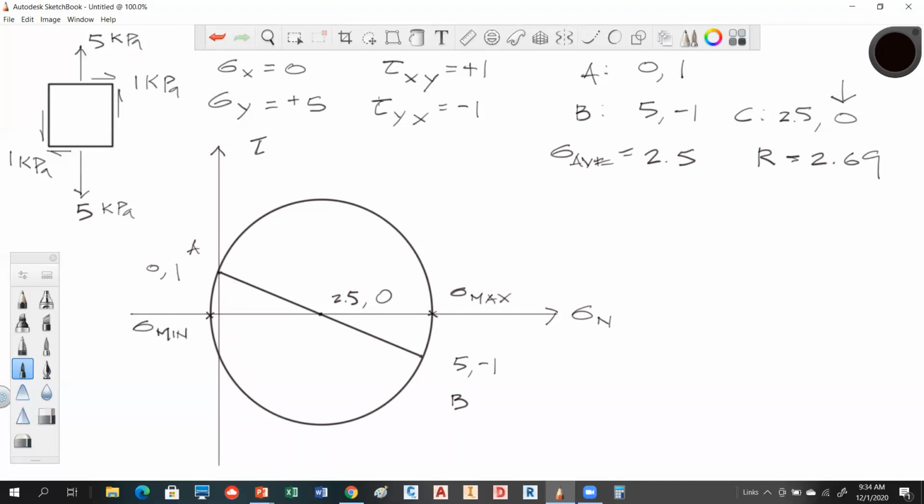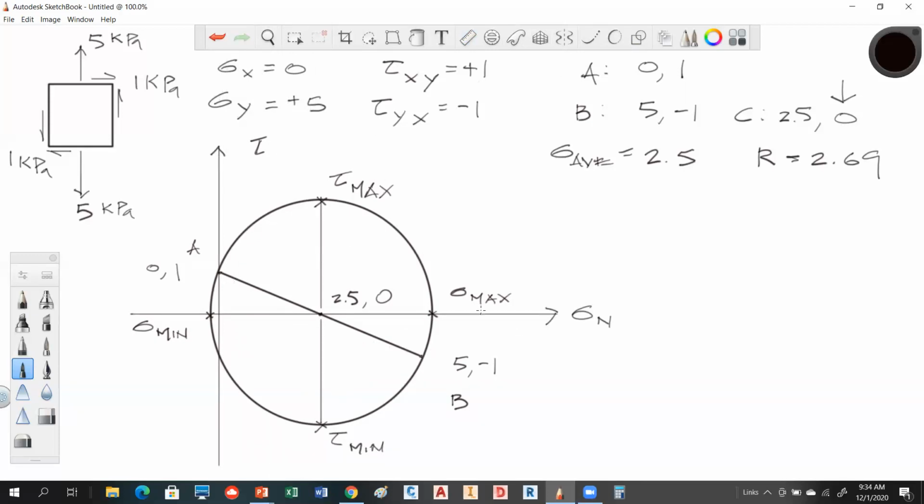The point of maximum shear occurs along a line up to that point and down to that point. So we would have this guy is max and this guy is min. So we have maximum shear stress here, minimum shear stress here.